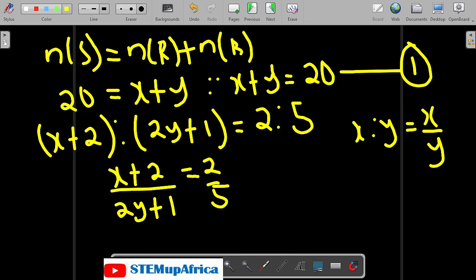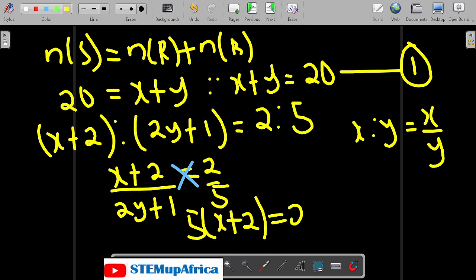Let's cross multiply from here and simplify what we have. If I cross multiply, I'm going to have 5 into X plus 2 equals 2 into 2Y plus 1.